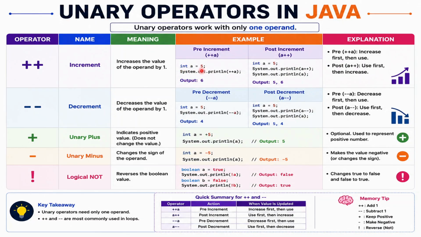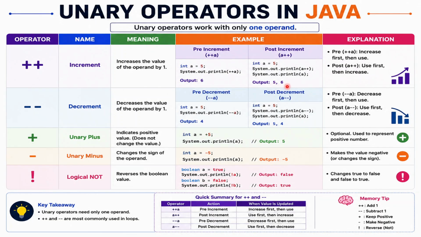In pre-increment it will first increase the value, 5 plus 1, it will be 6, and then it will use it. In post-increment it will first use the value and then increment. So if you have integer a equals 5 and System.out.println(a++) and System.out.println(a), it will first use the value 5 and then it will increment. So 5 plus 1 is 6. So the output is 5 and 6.